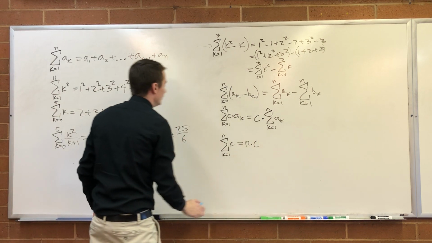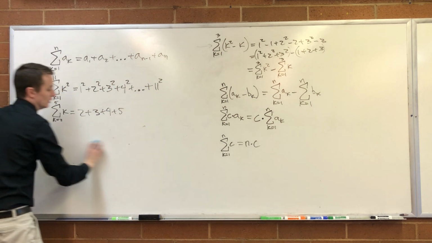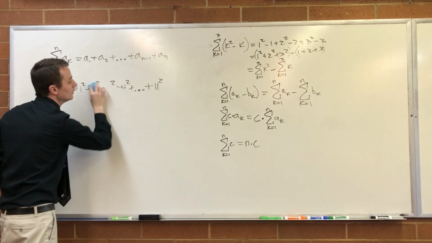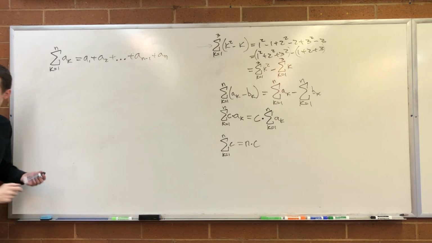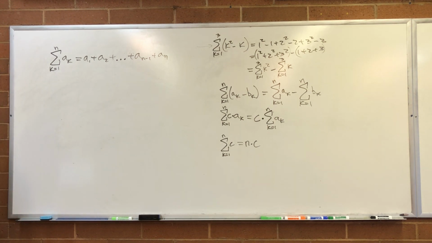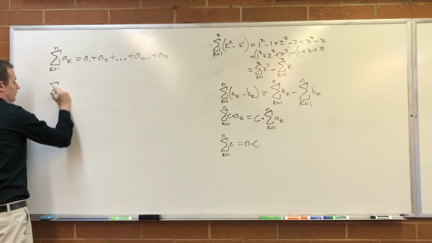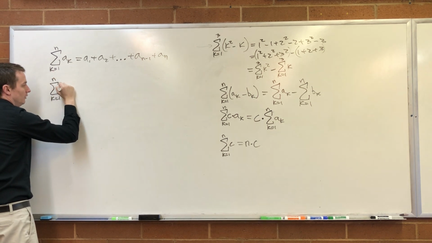So with those in mind, let's do a couple more concrete examples, and then I think you're pretty much getting this notation down. Let's look at this one real quick, because this might throw you for a loop. Let's look at the sum from k equals 1 to n of 1 over n.